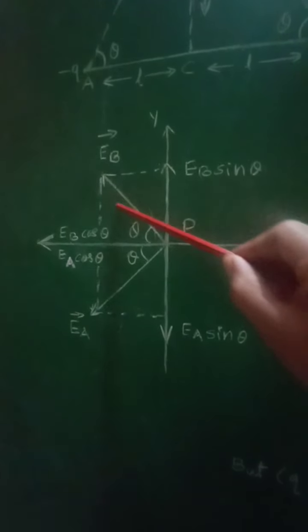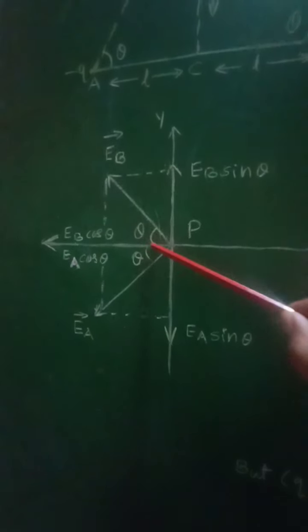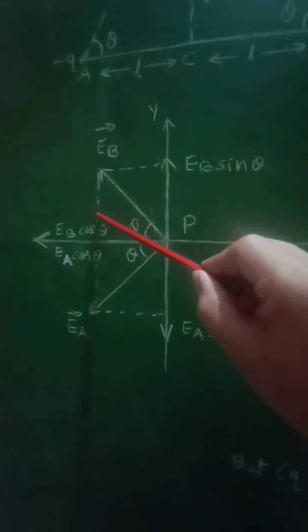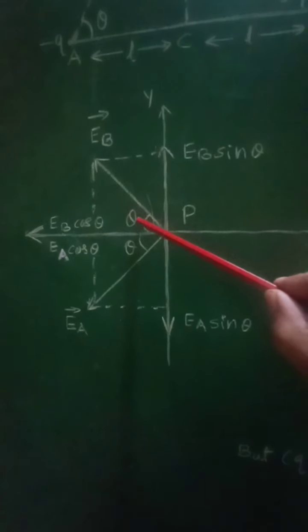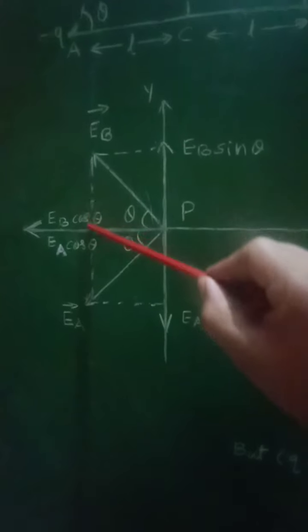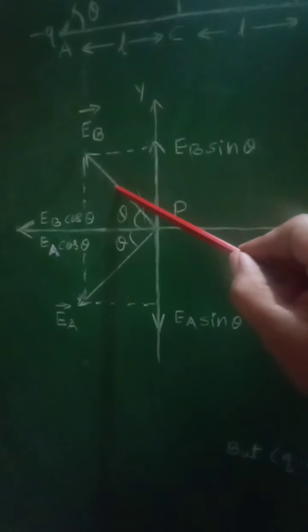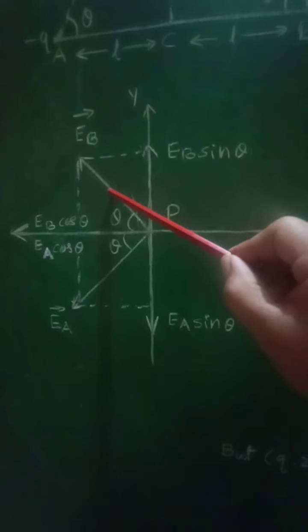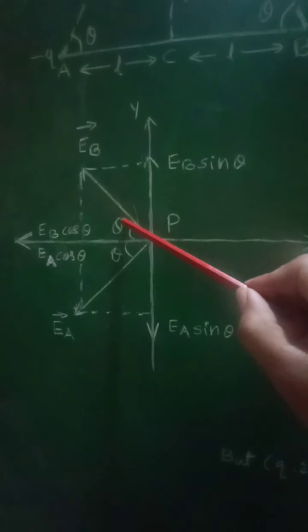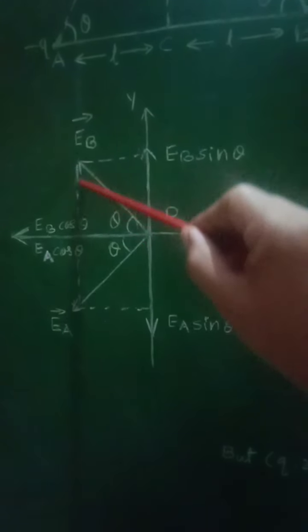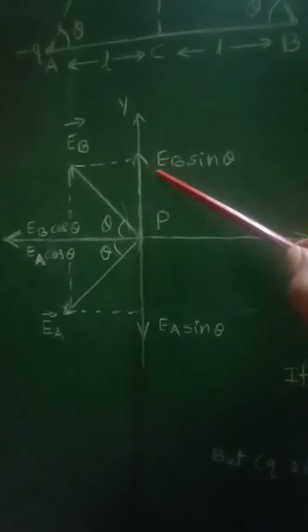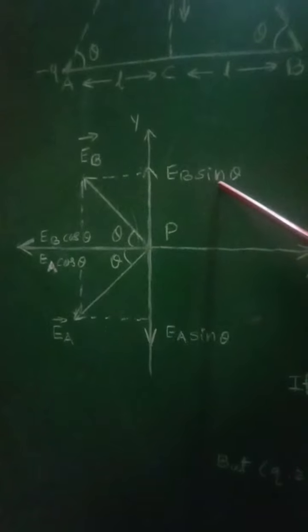Now from this triangle, if we find this side, this side will be the opposite side to that angle theta, and therefore the value of this side will be hypotenuse into sine theta. Now hypotenuse is EB, and into sine theta. This side will be parallel to this, and therefore this component is EB sine theta.